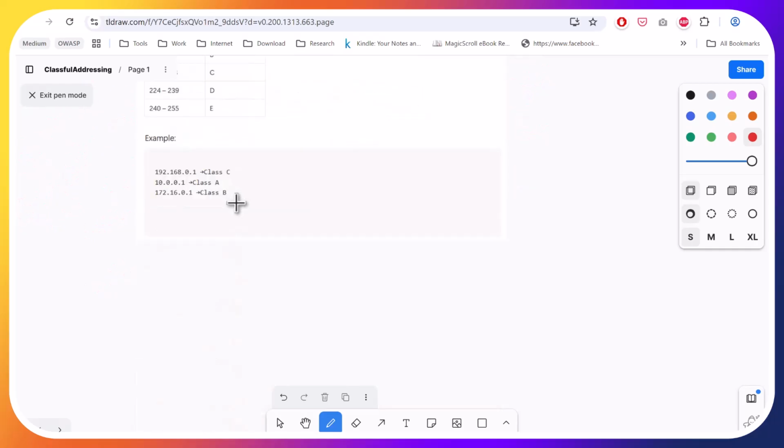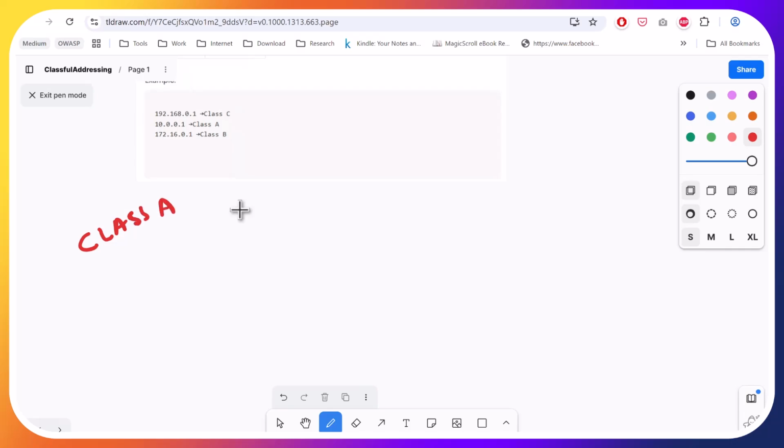Now we will take class A as an example. What is the rule for class A? The rule is the first bit of the first octet is fixed, and the rest can all vary.